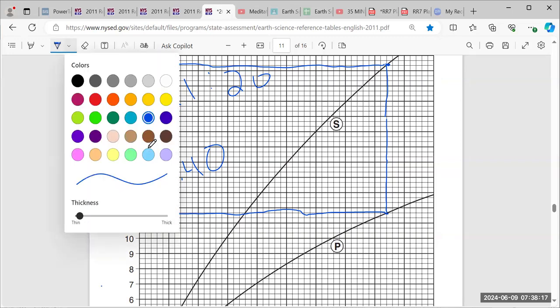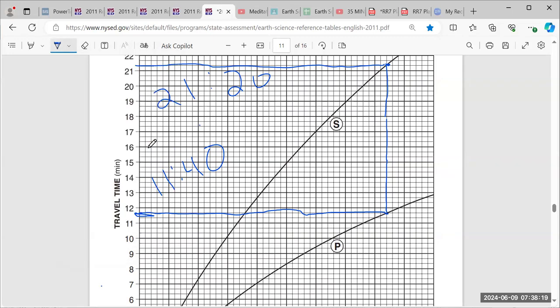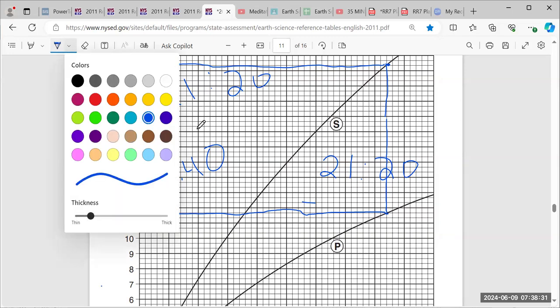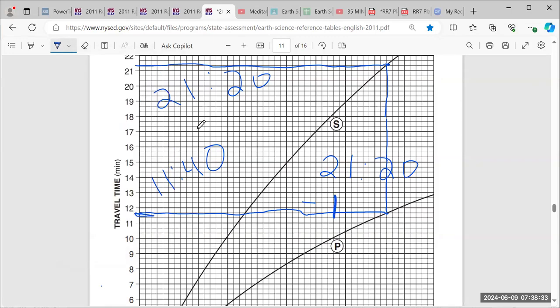The difference has to be between the two to find out how many minutes after the P wave the S wave will arrive. So when I subtract, I'm going to subtract right here, 21 minutes 20 seconds, let me bold it a little bit more, minus 11 minutes and 40 seconds. All right.